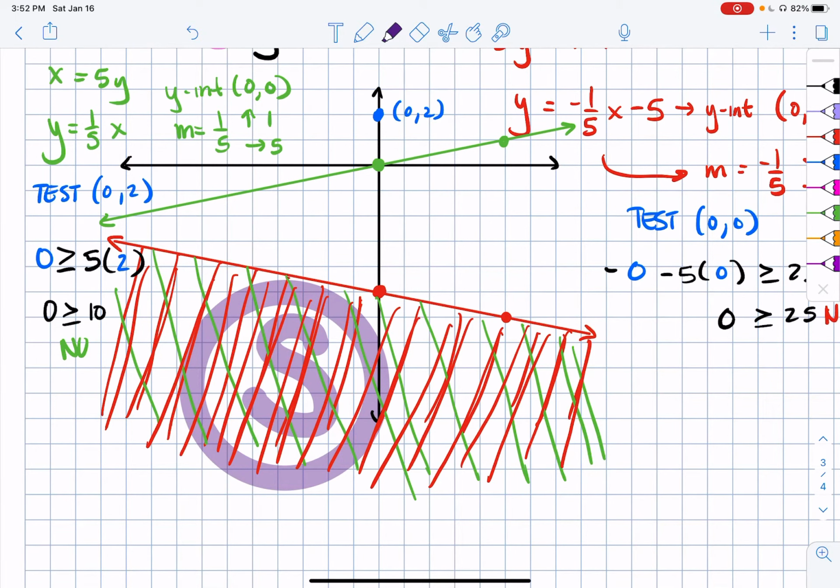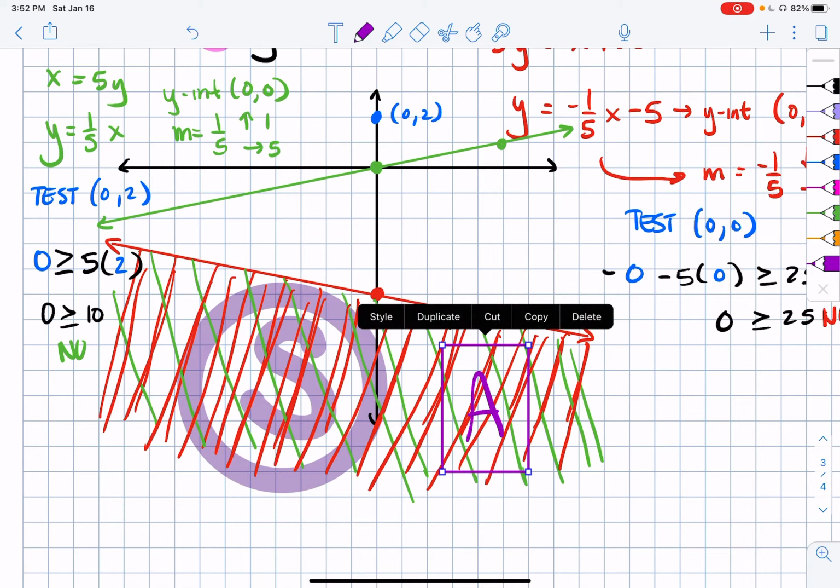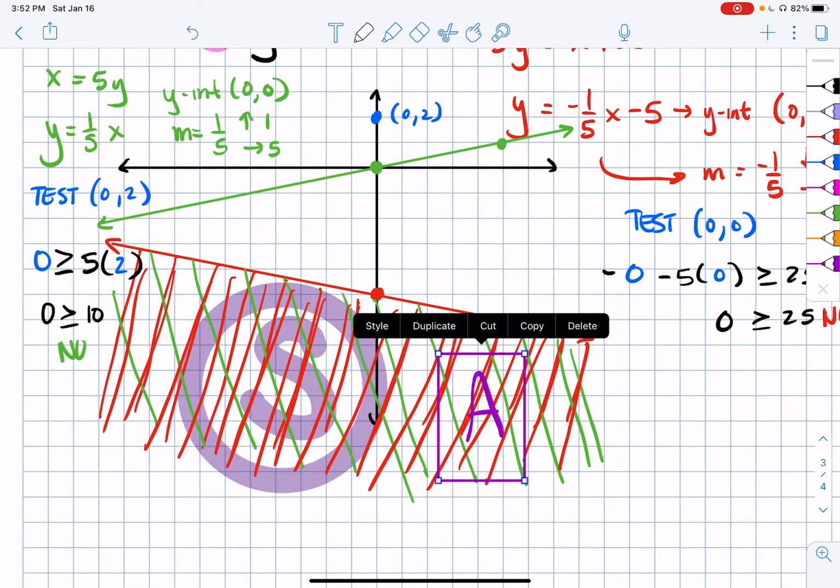Let's not use that. Let's go right to here. So that's choice A. There we go. And just for sake of being able to read it, there we go.